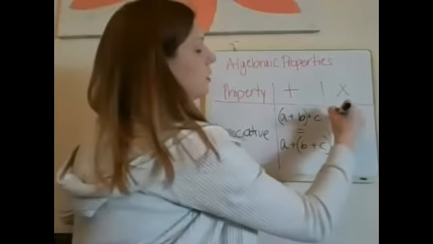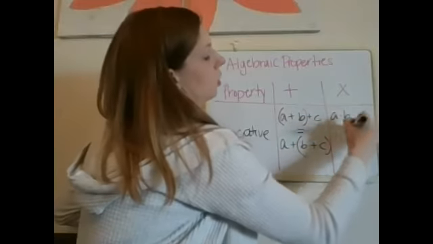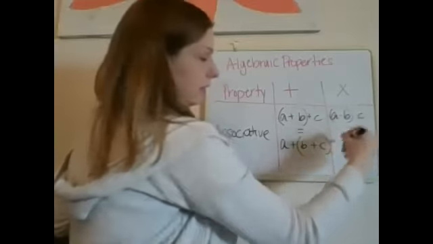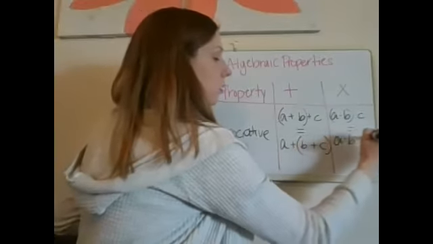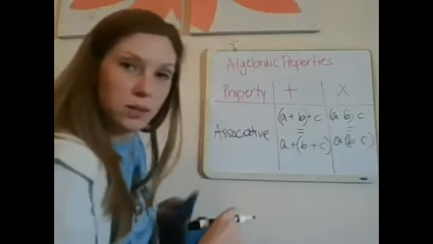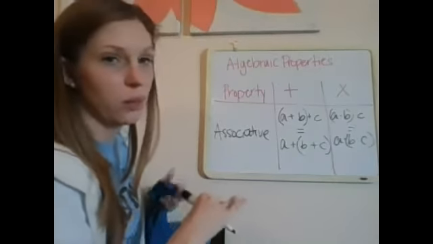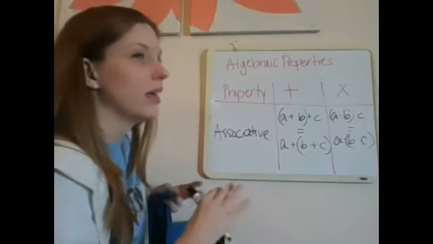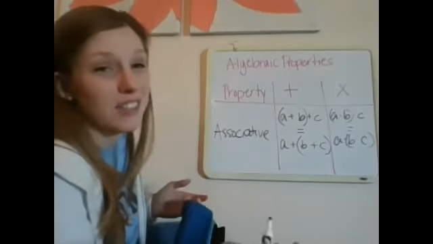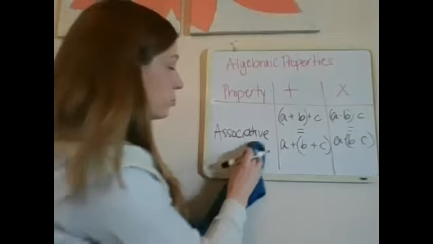Same for multiplication. Doesn't matter which order you multiply them in, if it's A times B, then times C, or the other way around. It's all going to be equal. It doesn't matter which way you do them, it's going to give you the same answer. So that's pretty cool.